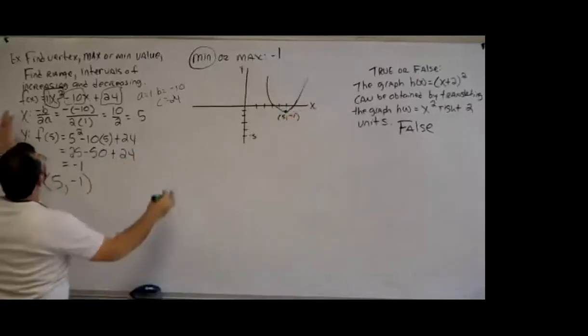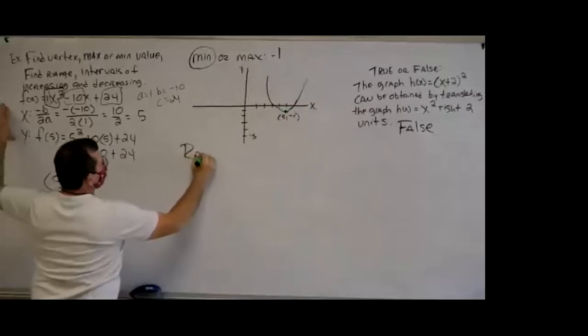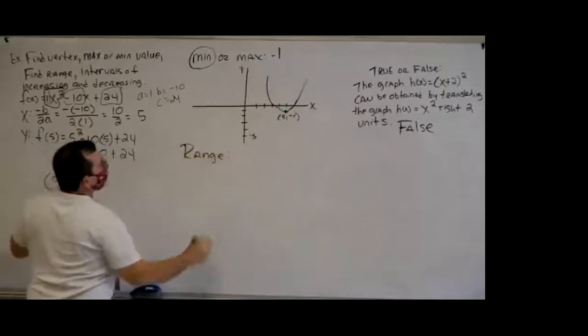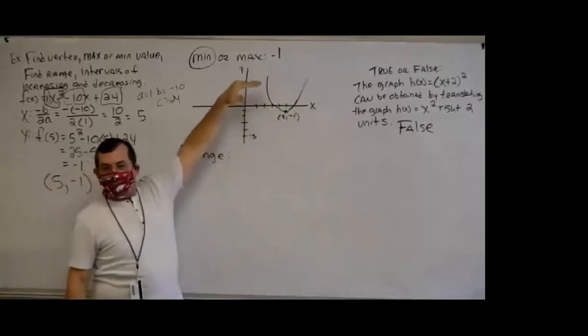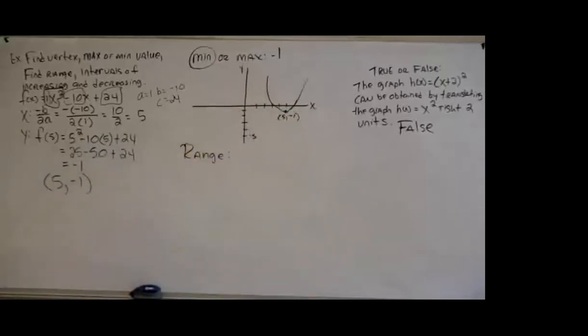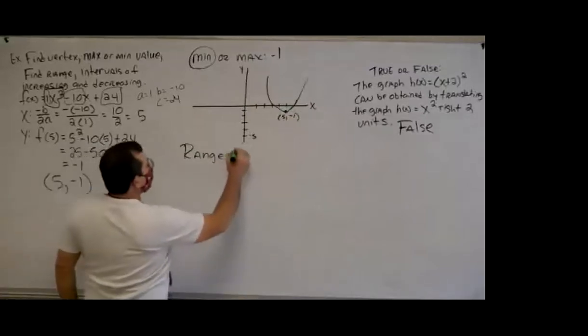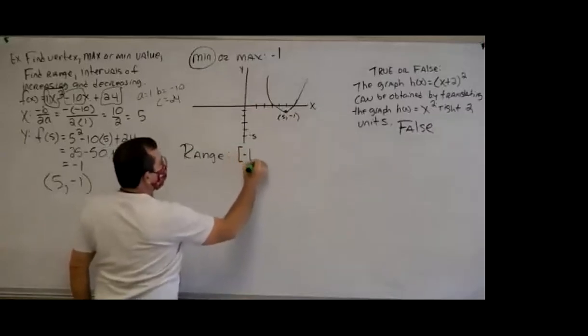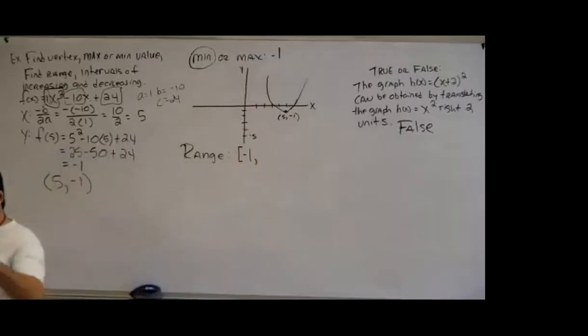So we're finding the range. The range is all the y values that are represented by this graph. So what's the smallest y value it can be? -1. So when you do the range, that -1 has to be in a bracket because it can equal that number, okay?